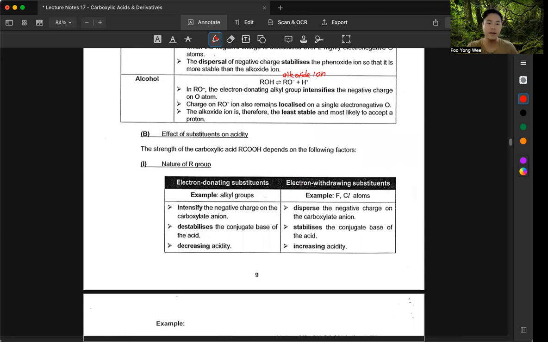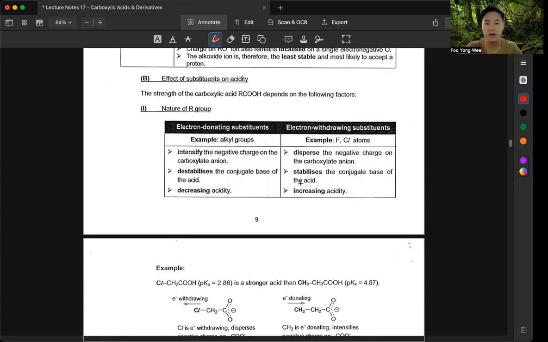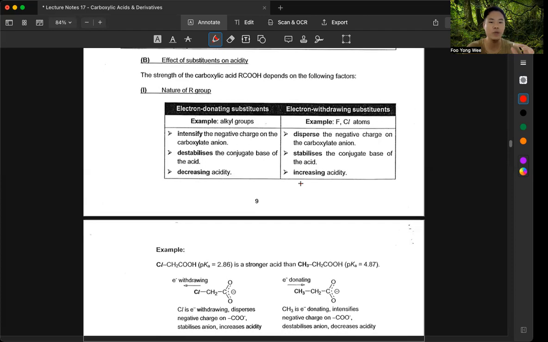So what is the effect of substituents on acidity? These are the factors that will affect the stability, like the nature of the R group. We need to look at whether the R group is an electron donating substituent or an electron withdrawing one. Examples of electron donating groups, as mentioned, are alkyl groups.